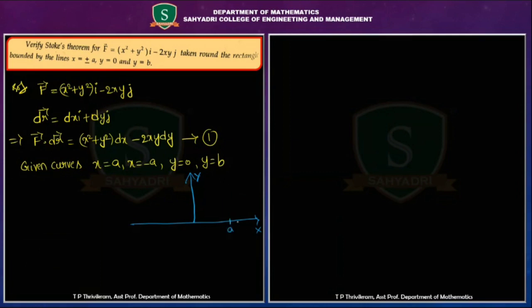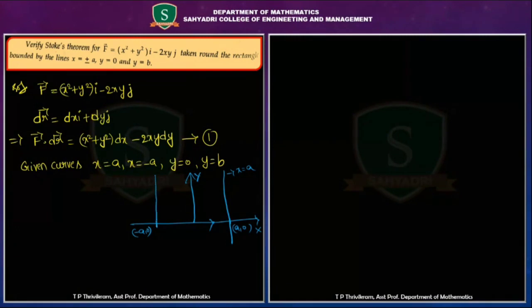Suppose this point is a comma 0. x equal to a is a straight line parallel to the y axis. Similarly, y equal to 0 means on the x axis y will be 0, so this is the line. Where will x equal to minus a come? Somewhere here, minus a comma 0, so this is the line x equal to minus a.